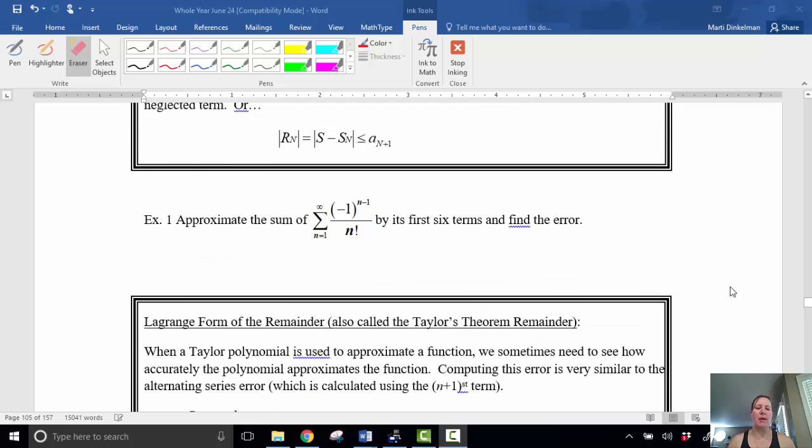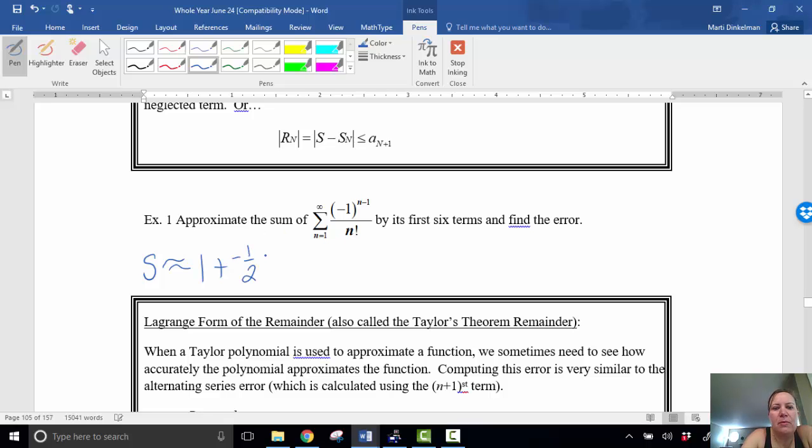So let's talk about where they might ask this. So if they want us to approximate the sum, so we're not finding the exact sum, we're approximating the sum by just using the first 6 terms. So let's see, when n is 1, we're going to have (-1)^0 over 1 factorial. So our sum is approximately 1 plus, okay, when n is 2, we're going to have a -1 over 2 factorial.